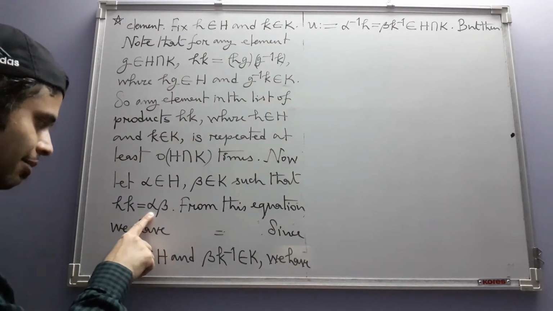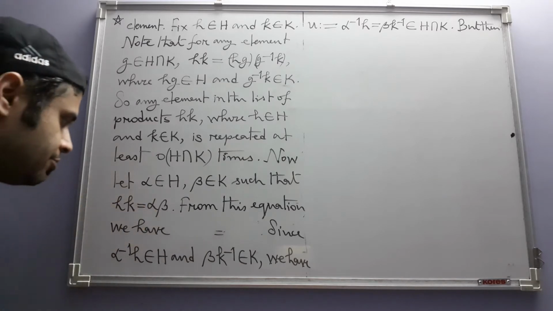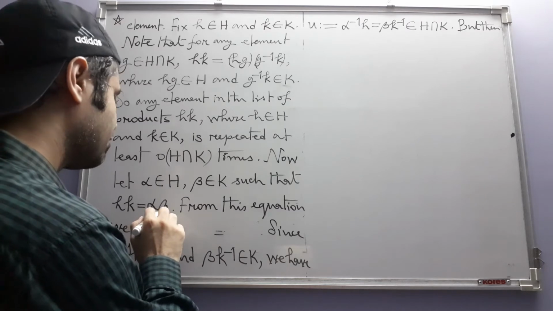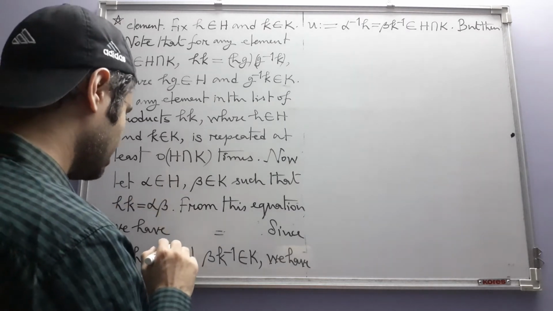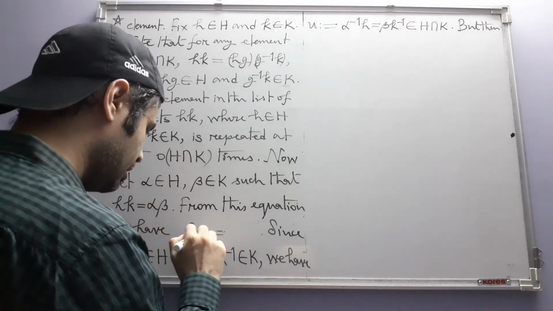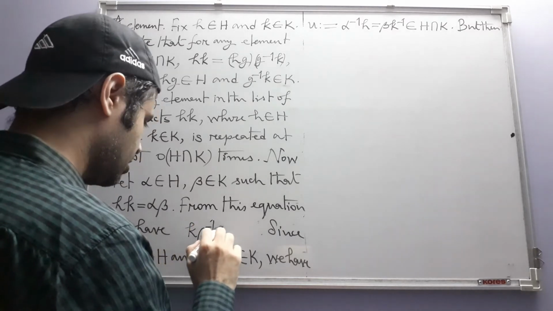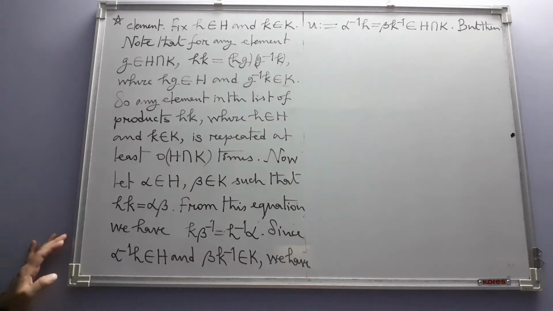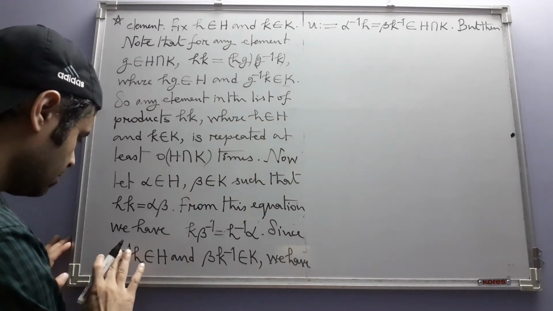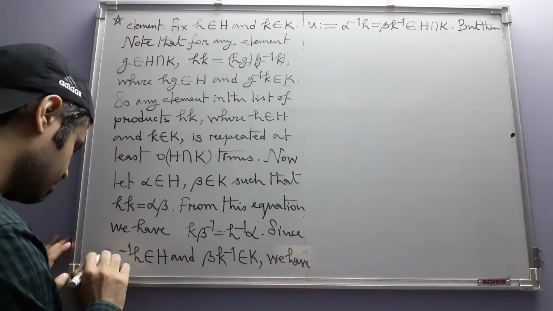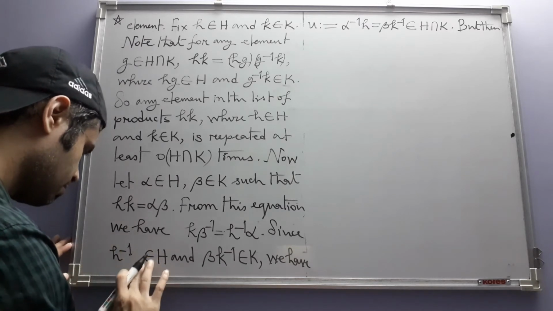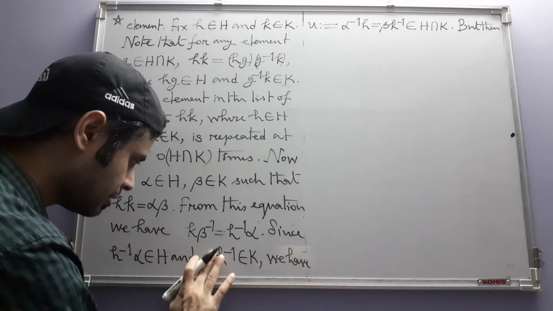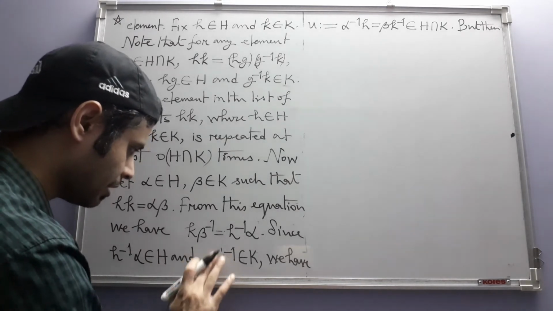Instead of taking alpha on that side, let me take H on that side, and then I have to take beta on that side. So that means K beta inverse is equal to H inverse alpha. The arguments are the same, only the arrangement is a little different.